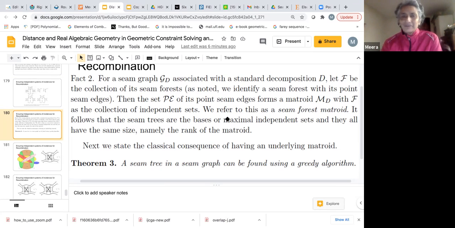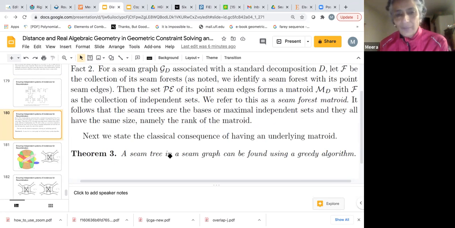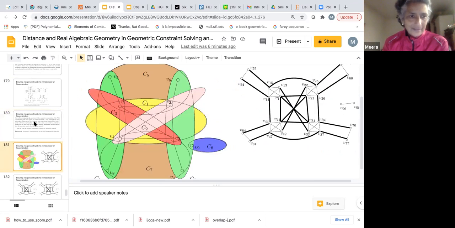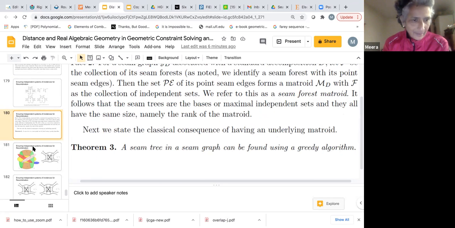It's got special paths and a special notion of connected and special type of tree, but it turns out to be a matroid. Because of that, we can find the seam tree using a greedy algorithm, just like you would a normal tree.